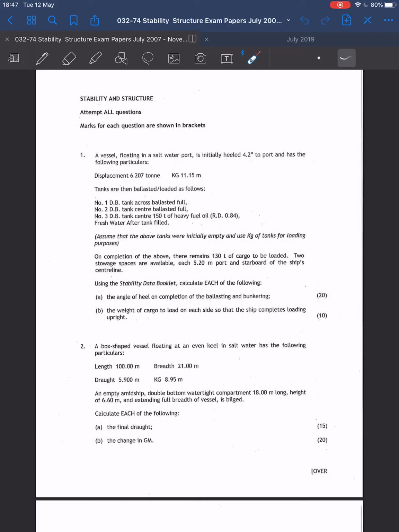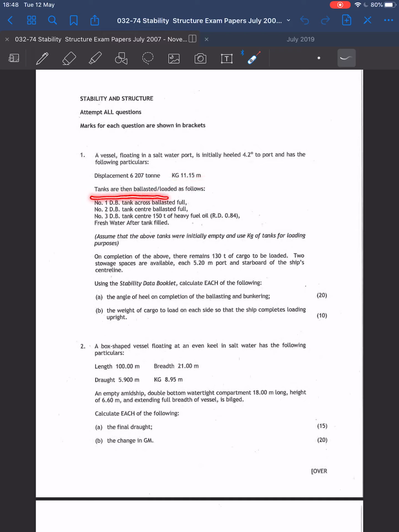Let's look at Chiefmate's Stability Examination, July 2019, question number 1. It says a vessel floating in a saltwater port is initially heeled 4.2 degrees to port and has the following particulars: displacement 6207 tons, KG 11.15 meters.